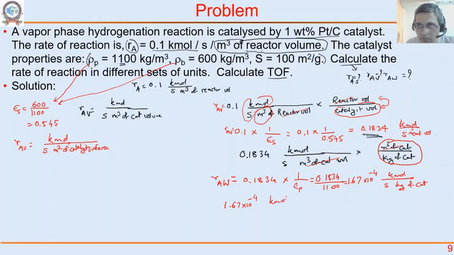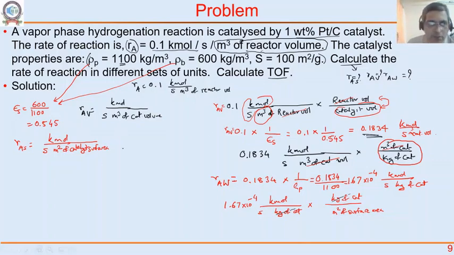This is kilomoles per second per kg of catalyst, isn't it? Suppose I multiply this by meter square of surface area and kg of catalyst. Then this kg would cancel out and we would get kilomoles per second per meter square of surface area.